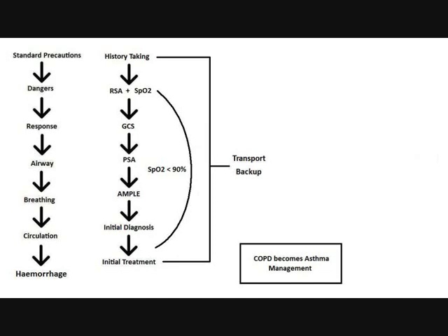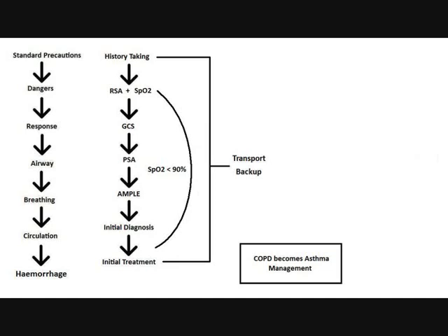So we need to make sure that their oxygen saturations are okay, because that's going to have far more of an effect on their breathing compared to a normal person who would mainly be driven by hypercapnia or hypocapnia. So make sure you put that SpO2, and you can see the loop I've put in there.